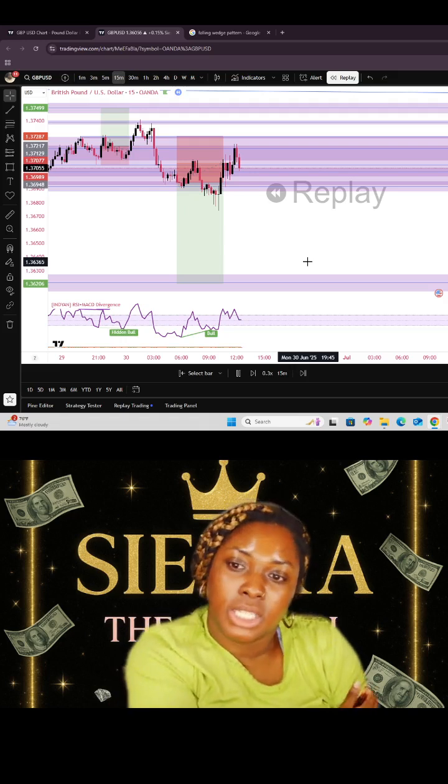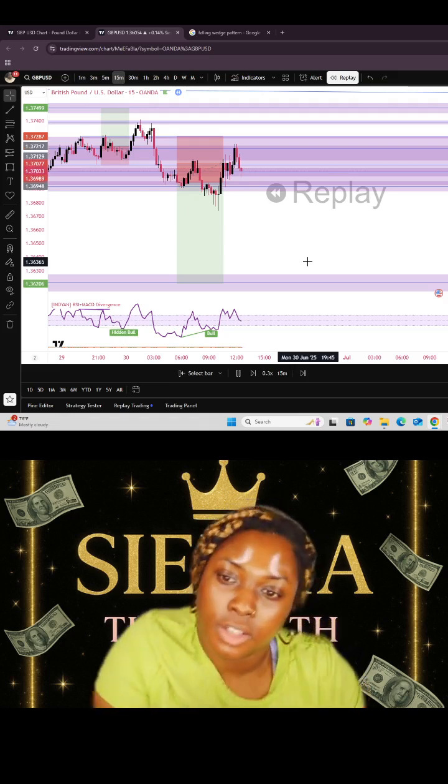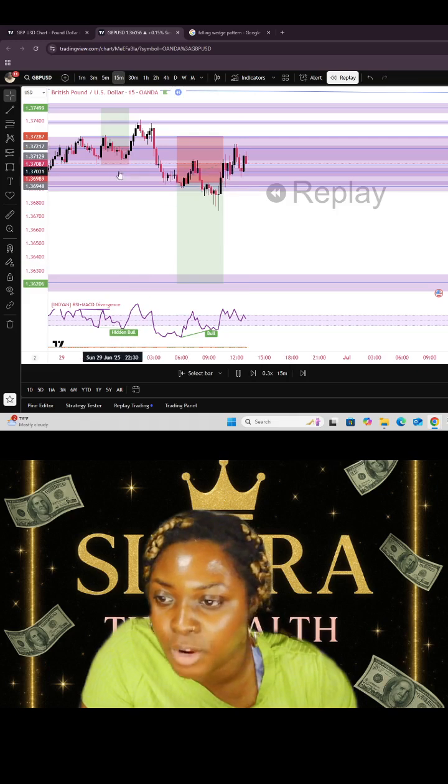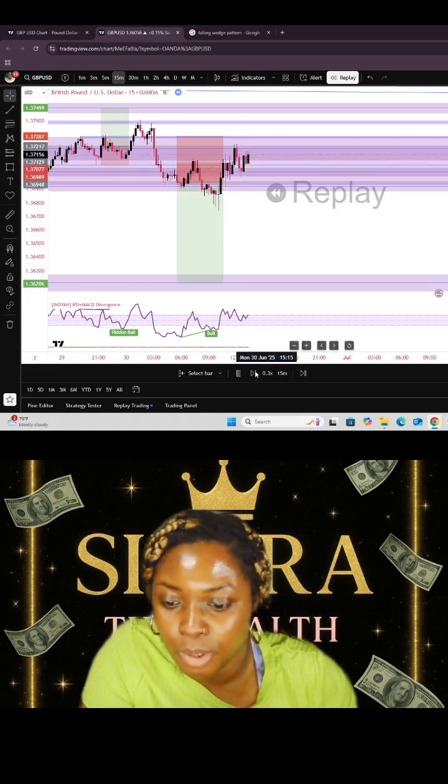Looks like it's about to stop us out. Let's see what it's doing. So many zones right here, guys. And it's respecting every one of these blue lines.